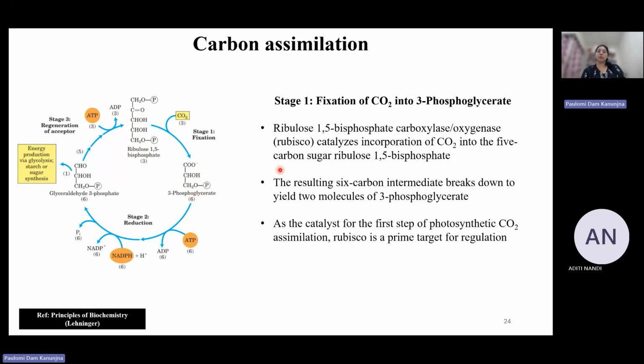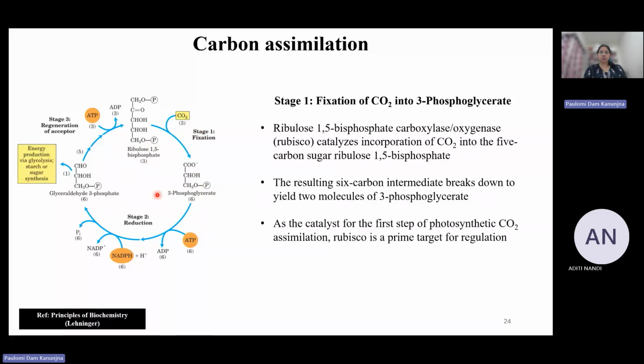The enzyme is ribulose 1,5 bisphosphate carboxylase and oxygenase, which is in short called Rubisco. This Rubisco enzyme catalyzes the incorporation of carbon dioxide into ribulose 1,5 bisphosphate, which results in a 6-carbon intermediate. This is 5 carbon, this is 1 carbon extra, so 6 carbon. This 6 carbon intermediate breaks down into 2 molecules of 3-phosphoglycerate, right?